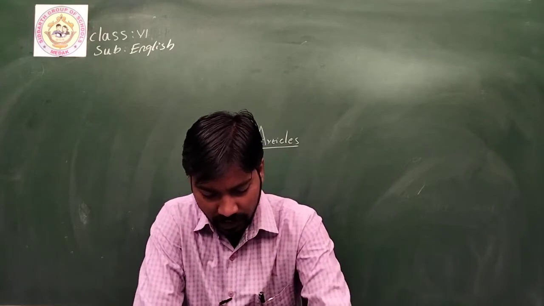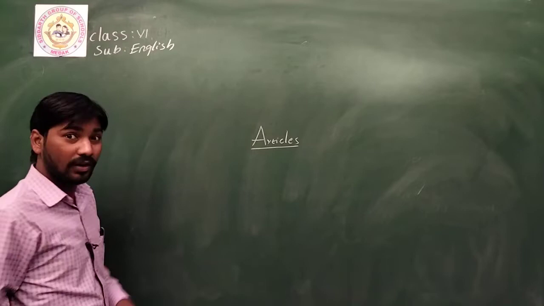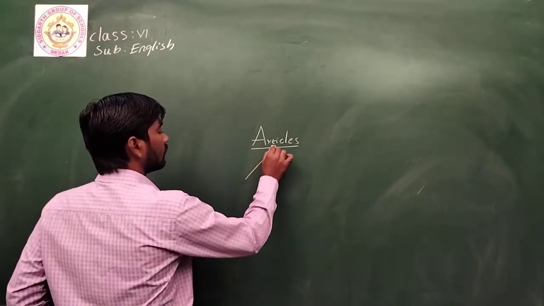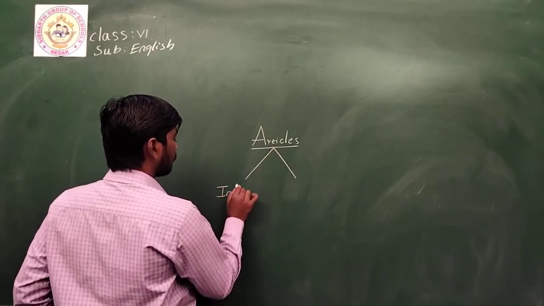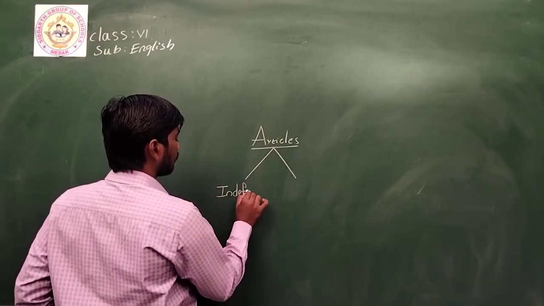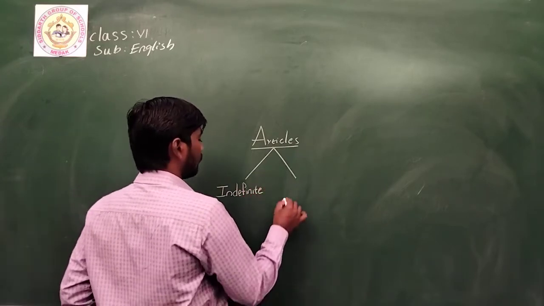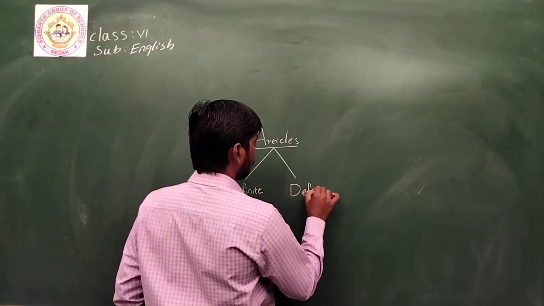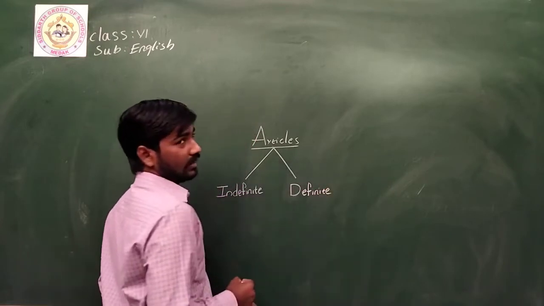First one, keep the rule number 1. Rule 1, first one. So keep the heading, children. Already I said, first keep the heading, okay. Keep the heading, children, 1, and mention indefinite and definite article, 2.